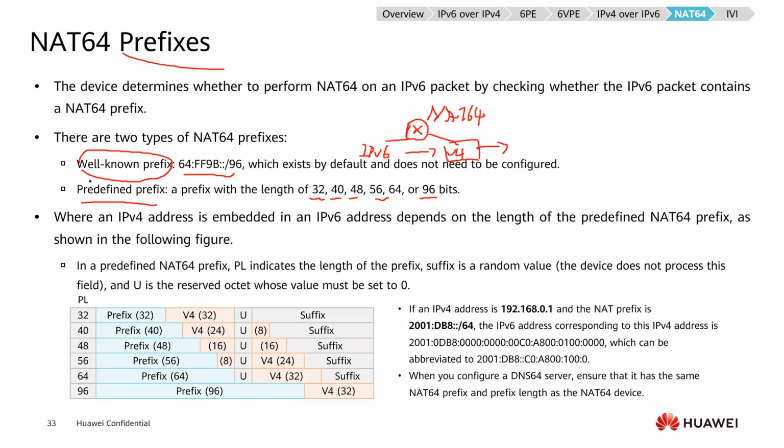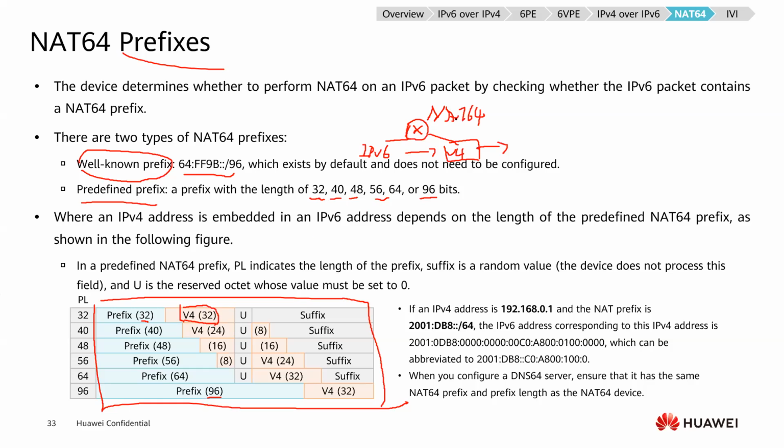Okay, so this is the format for the prefix that you determine by yourself. The prefix length is from 32 to 96, and the next part is the v4 address. For example, when you use the 32-length prefix, it is followed by the IPv4 address.